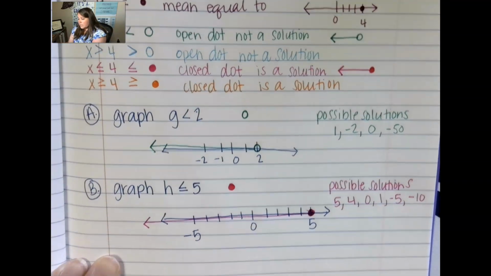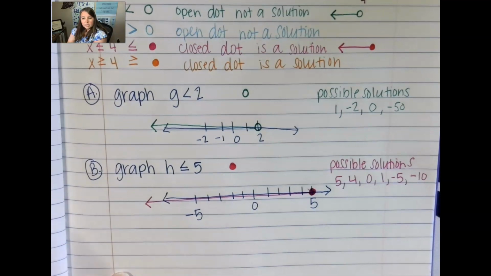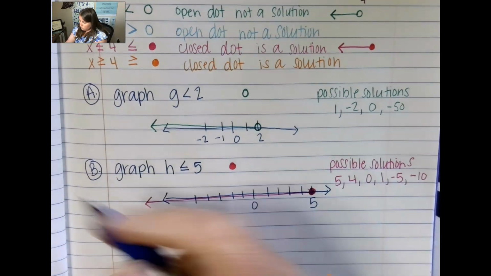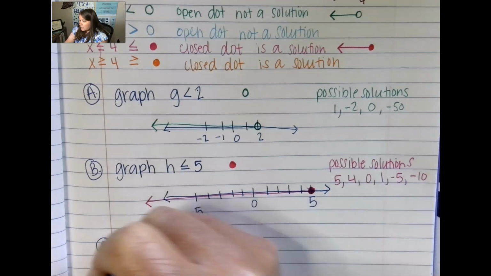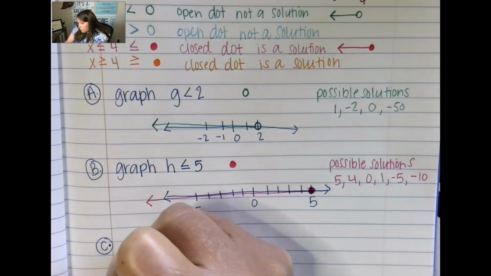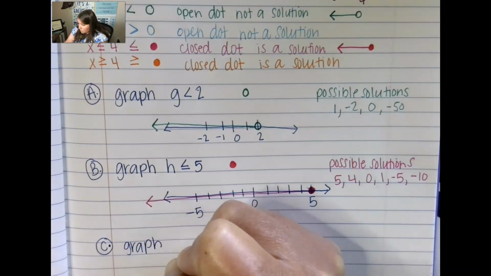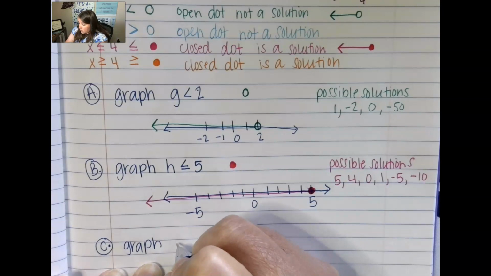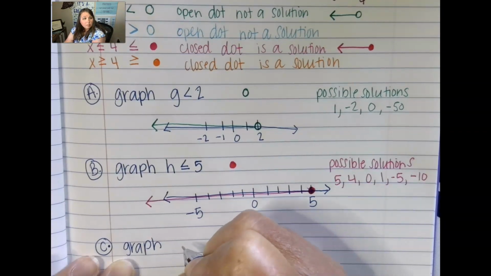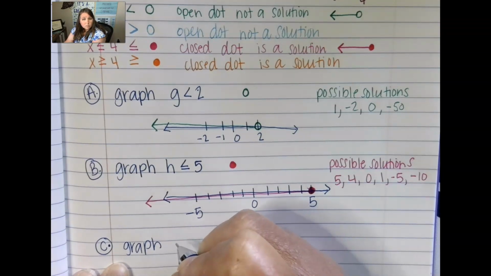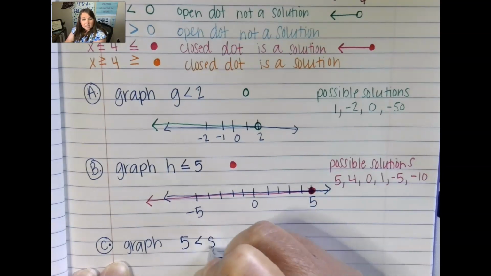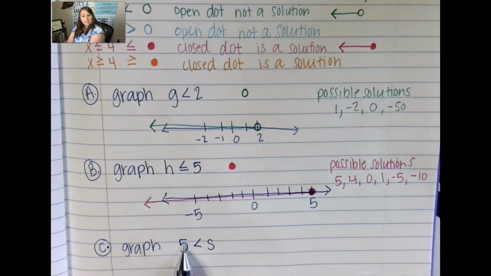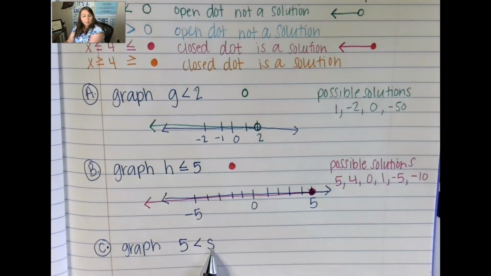Okay, let's do another example. We'll do example C now. All right, example C. Example C says graph. Let's do this one as a, okay, so this one says 5 is less than S. Okay, when we think about this, like I said, we need to have the variable first.